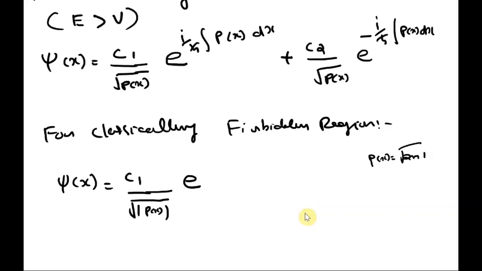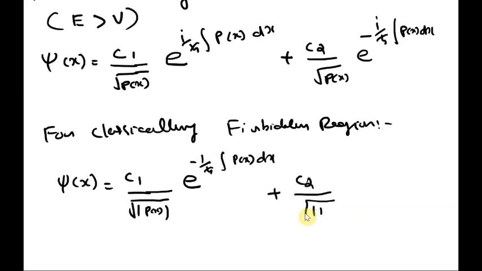So this will become something like e raised to minus 1 by h cross integral p of x dx, plus some c2 over root mod p of x, e raised to plus 1 by h cross integral p of x dx.